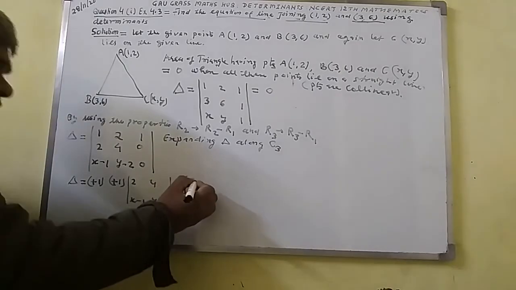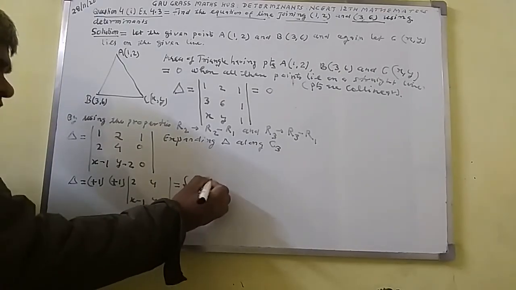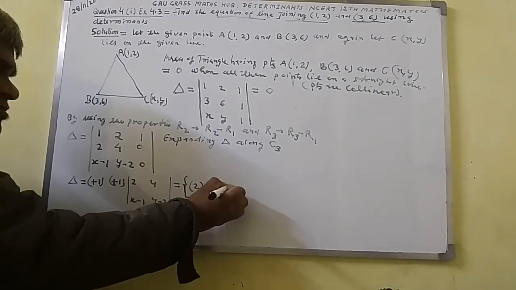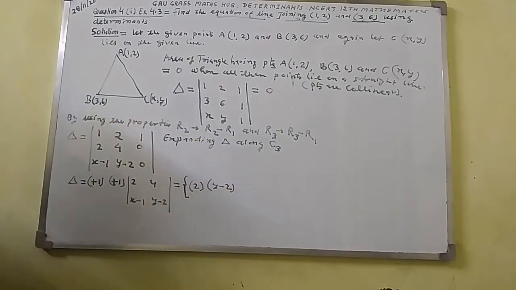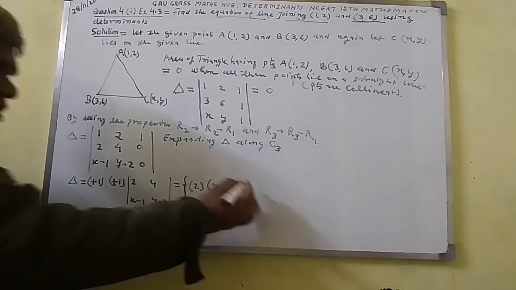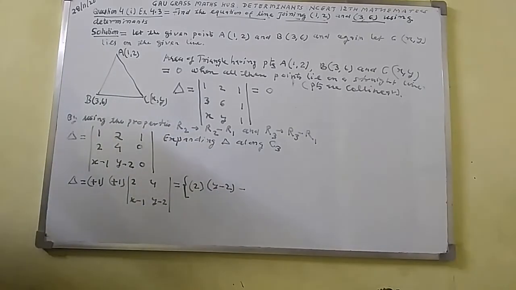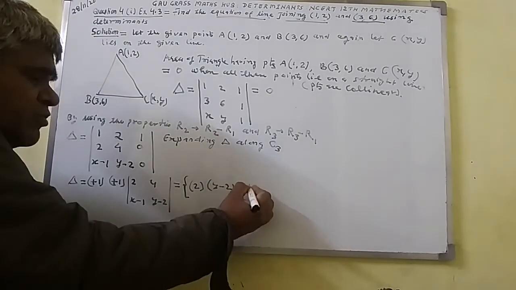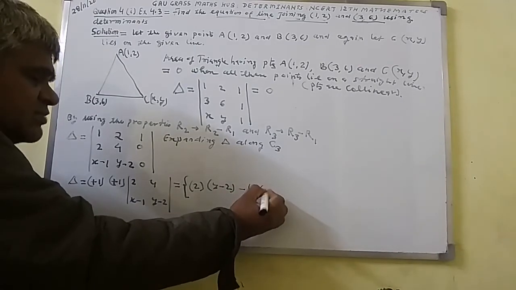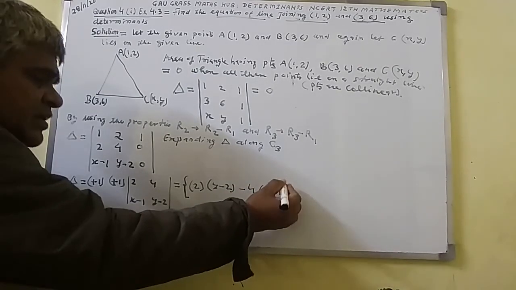So here write 2, here write y minus 2. The elements of principal diagonal will get multiplied together. So 2 will multiply to y minus 2. Here write minus. And the elements of reverse diagonal will get multiplied together. So here write 4, in bracket write x minus 1. Curly bracket closed.